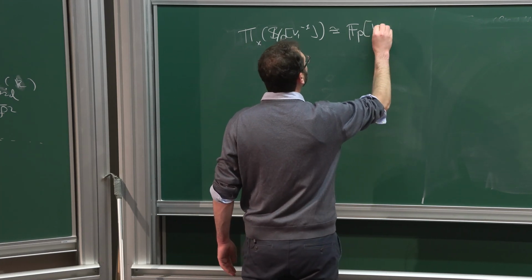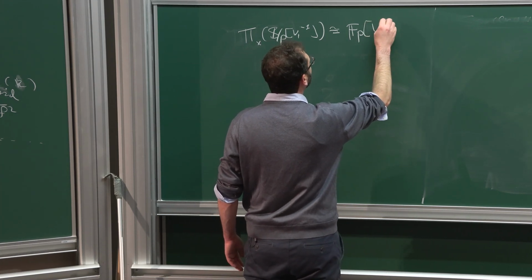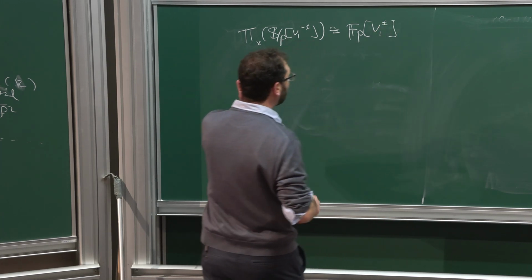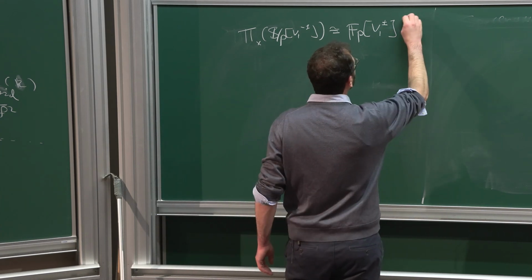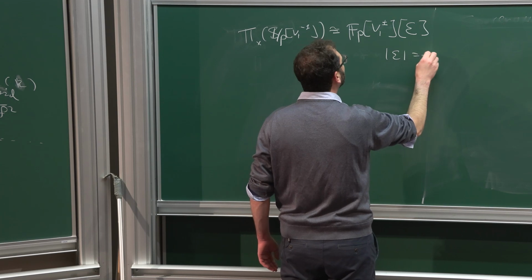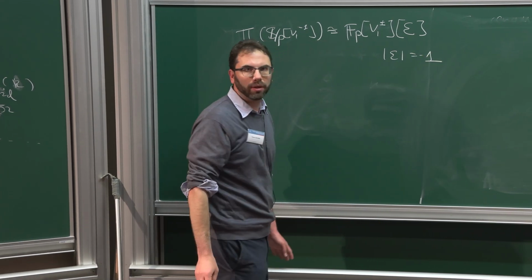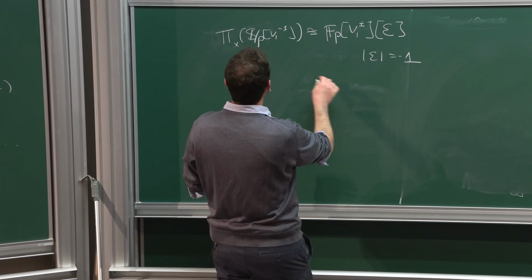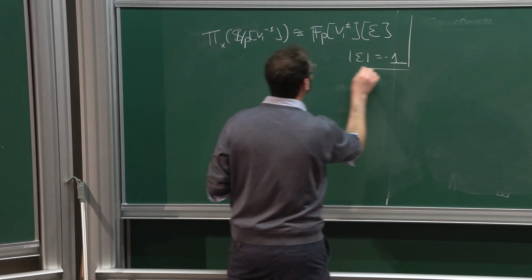I have this element of degree 2p minus 2, which I inverted, so I get this V1. And then there's another part, plus epsilon, and this epsilon is of degree minus 1. So this is what we get in this case.